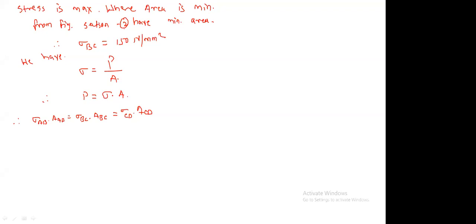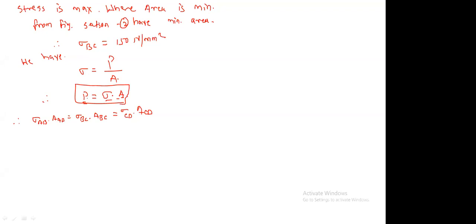What I have done? I have taken sigma is equal to P upon A. The same formula I have written in the form of P is equal to sigma into A, means the common force is applied on all the 3 sections. That is capital P is equal to P1 is equal to P2 is equal to P3. And this formula I have made applicable for all the 3 sections.